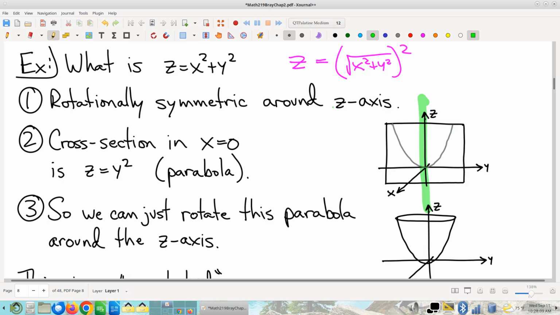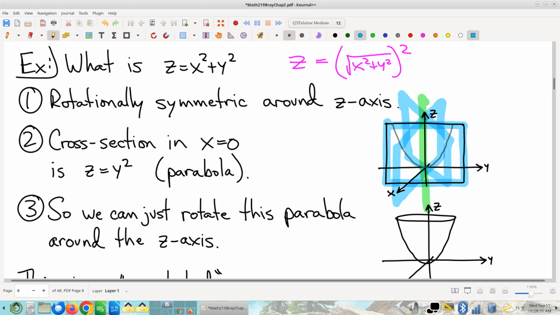So, how do I do this? Let's suppose I decide I want to take the cross-section in the YZ plane. Arbitrary, by the way. I had a bunch of choices. I could have chosen the XZ plane, or I could have chosen some plane at some angle through here.